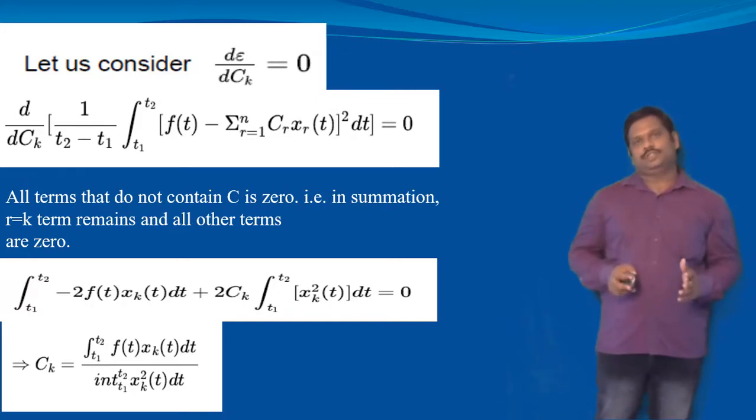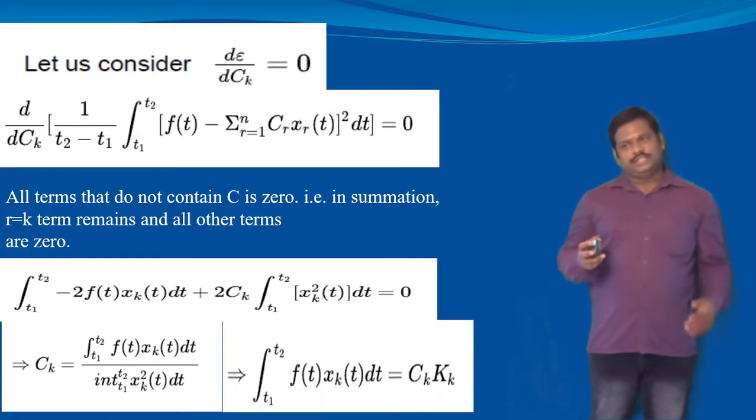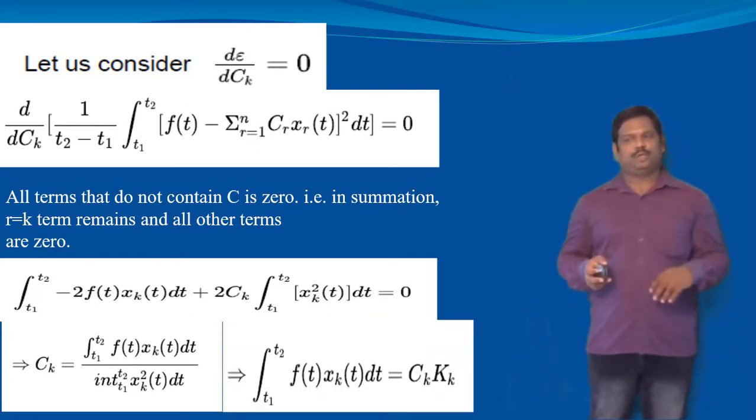This is the C12 component. This is similar to the two function components, where C12 is equal to the integral of t1 to t2 f1 of t f2 of t dt divided by the integral of t1 to t2 f2 square of t dt. This denominator can also be equated to a particular constant kk.